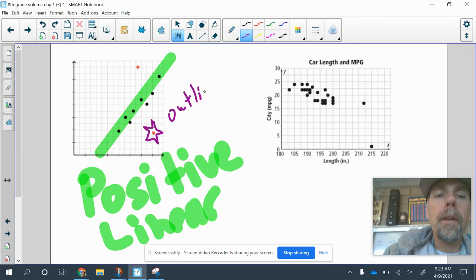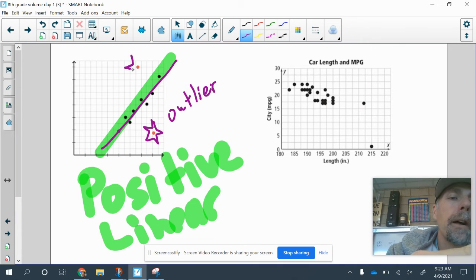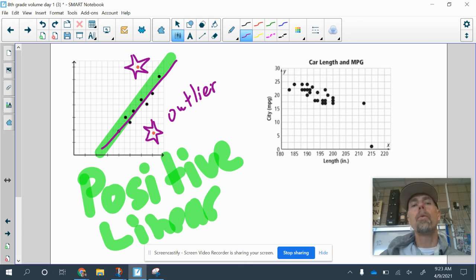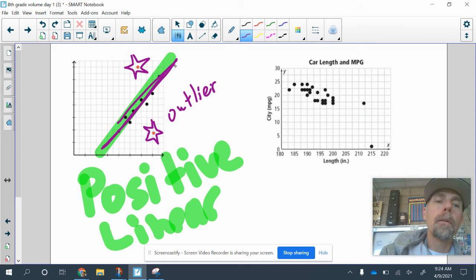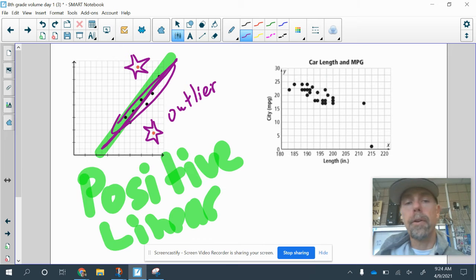An outlier is a data point that's quite far away from the other dots. So here's another outlier. Kind of far away from your trend line or your pattern, your association. They're not really associated with this group of dots. They're out there. They're outliers. They're out away from everything else.